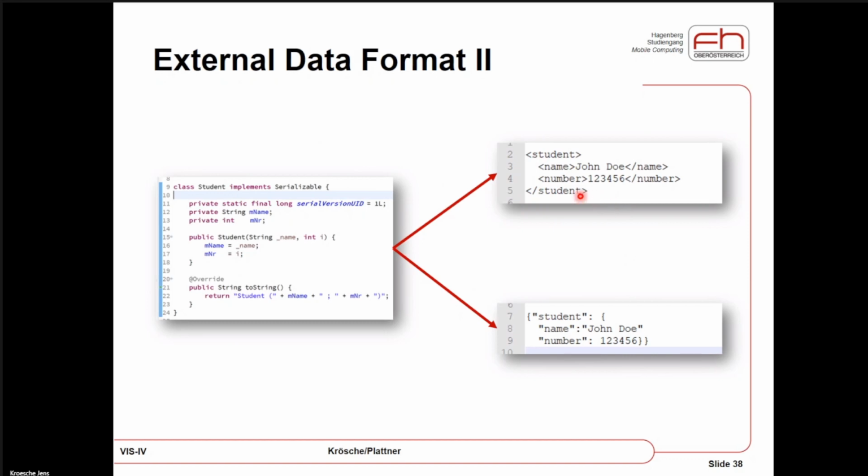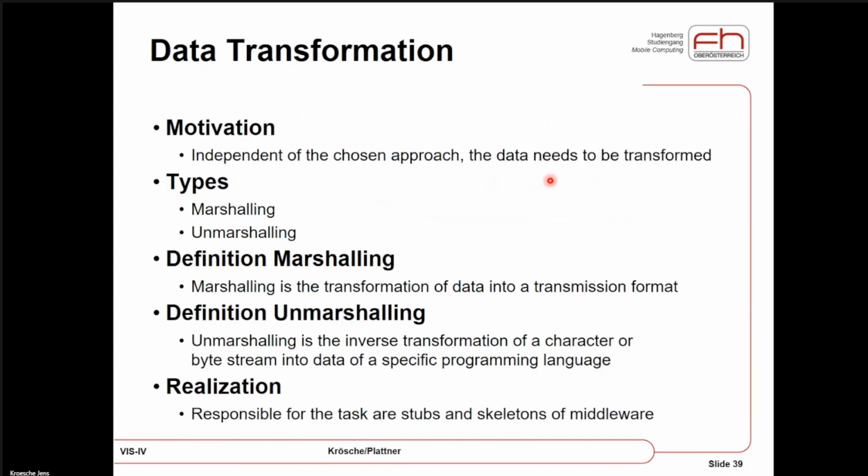And of course, if we look at it from an optimization perspective, this is not a good thing. It would be better to just have byte coded data, which would reduce the data size enormously. But of course, then we would have problems looking at it because we can't really read that stuff. We're not that crazy.